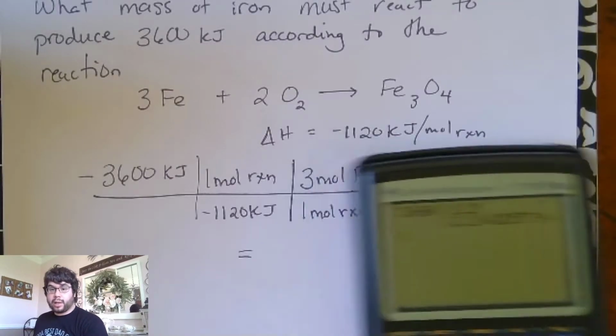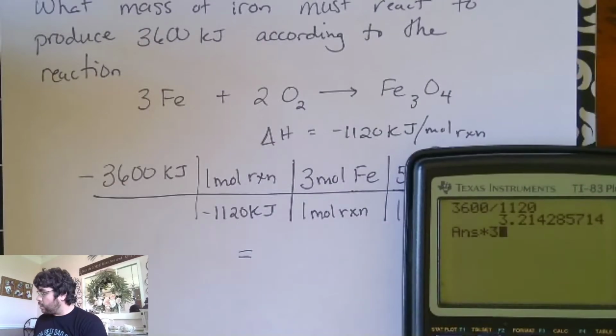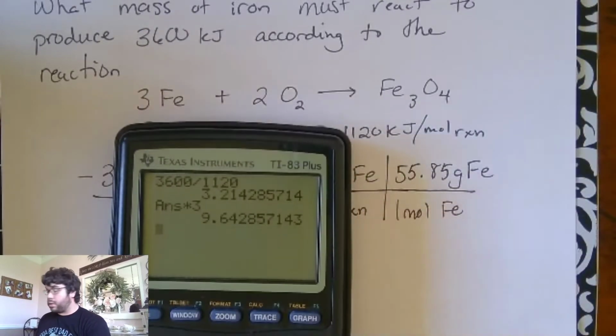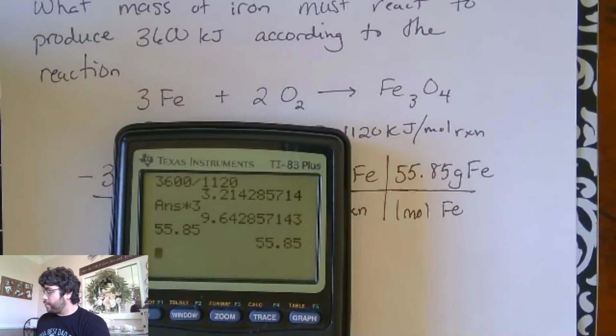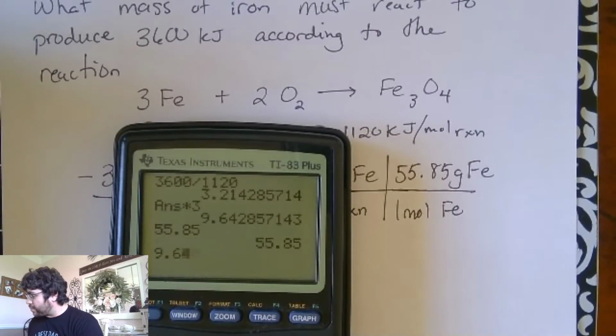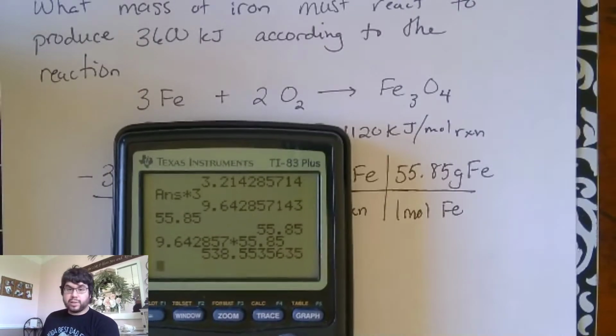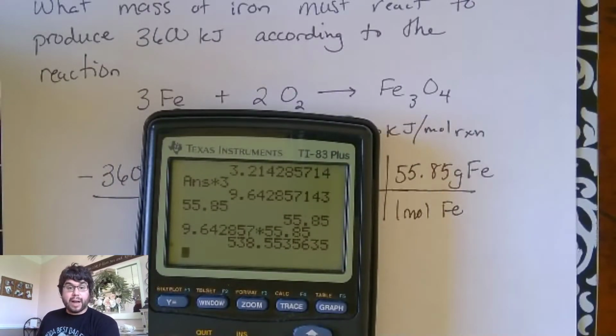Okay, and then times 3, and then times 55.85. So 9.642857 times 55.85. So my answer is about 538.5, so we'll do 539.